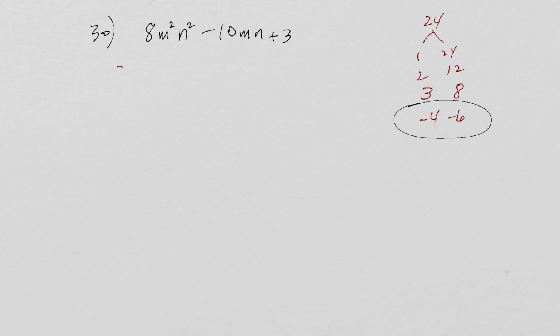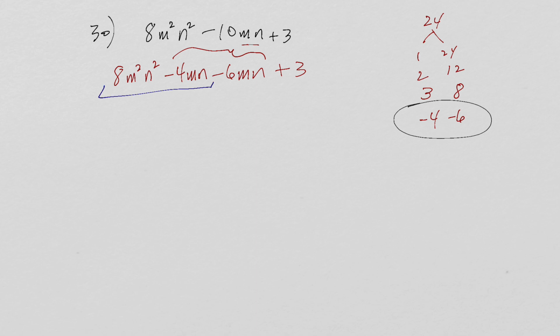So I'm going to rewrite this as 8m squared n squared minus 4mn, minus 6mn plus 3. These two numbers add to that 10. Now I'll break this up. I'll factor out a 4mn, and that leaves behind a 2mn minus 1.